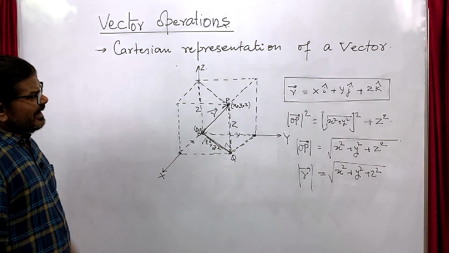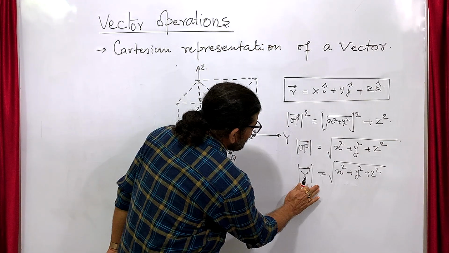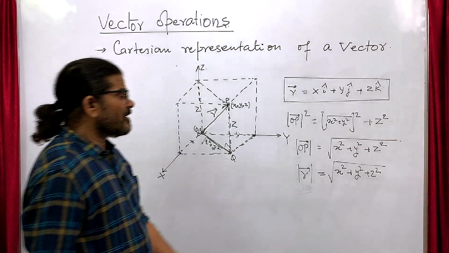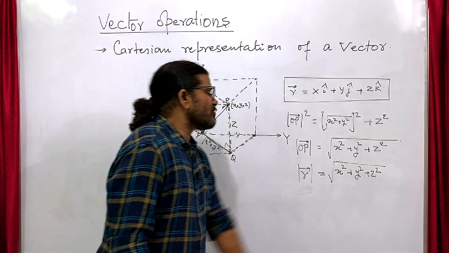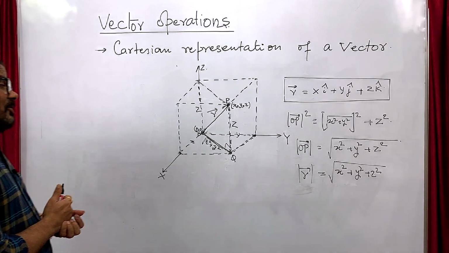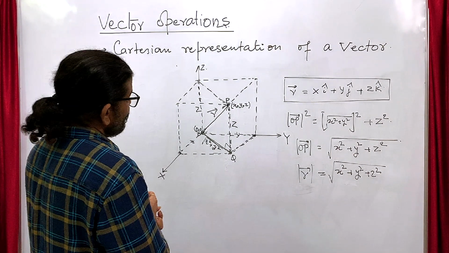Now here, if you write this as r square, the magnitude of the vector r, it is equal to x square plus y square plus z square. Now see whether this is coming correctly vectorially or not.